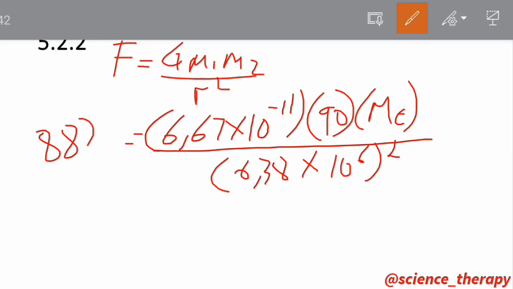So we have 882 here. At this point, you want to cross multiply, so you have over 1 here. You cross multiply and then divide by the whole of that.